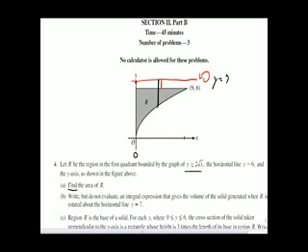So the cross sections will look like this. So that black line that I drew is this one. The red line that I had drawn is this one here. So we just have to find the general area of one of the cross sections, and we'll plug it into our integral.